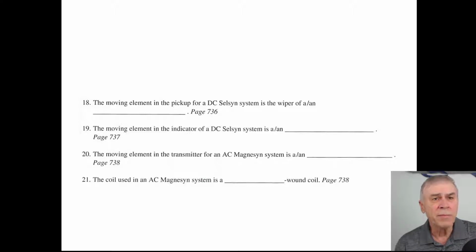18. The moving element in the pickup for a DC Selsyn system is the wiper of a DC system. The first two are DC Selsyn, and it looks like the last two are AC Magnesyn.